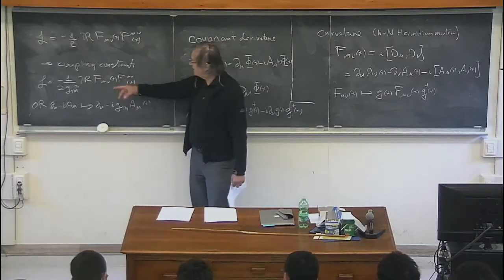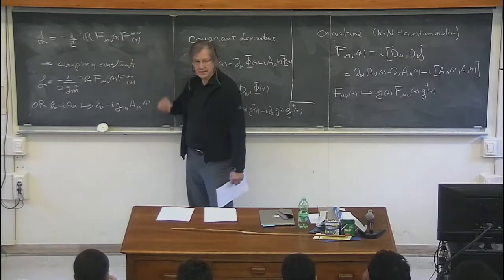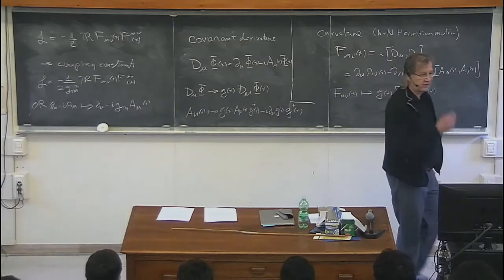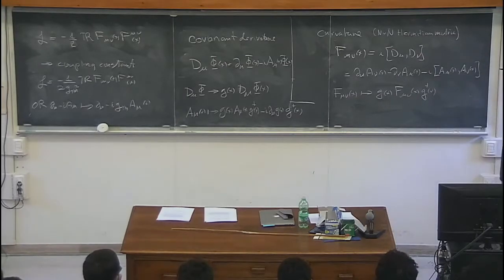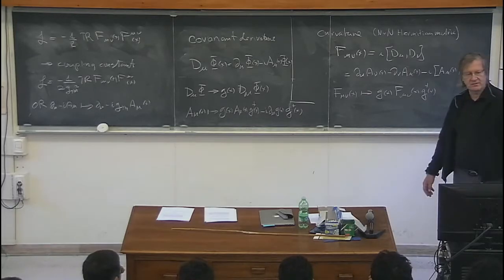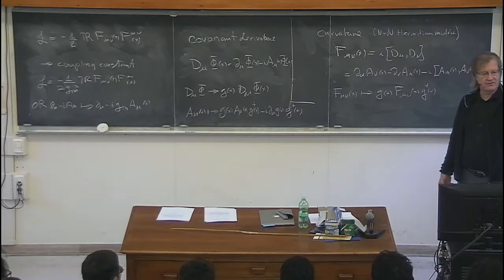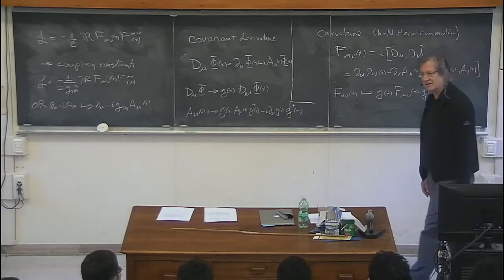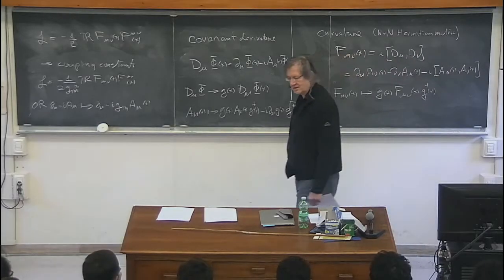You can get back to this form by redefining A as A over g, and the coupling constant comes in front. That's sort of important in perturbative quantum field theory, because that tells you that this coupling constant really does count the number of loops in Feynman diagrams. Right, so the loop expansion is weighted by this g Yang-Mills coupling constant properly as you expand.